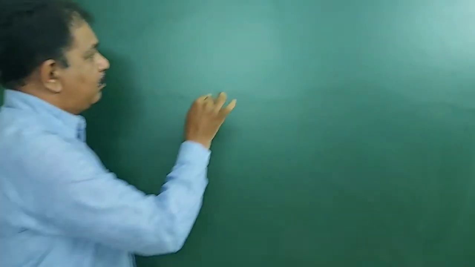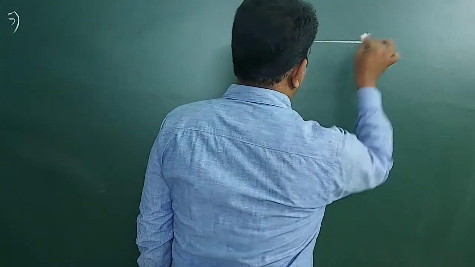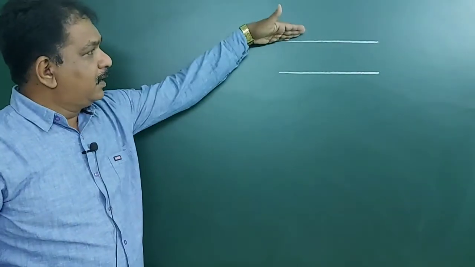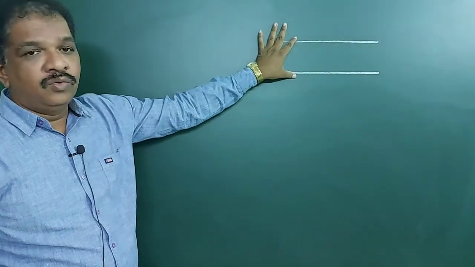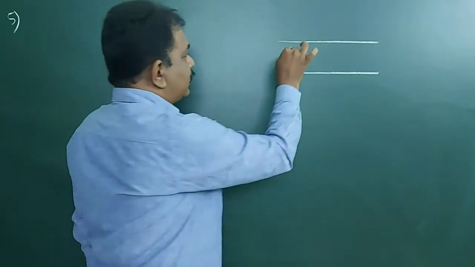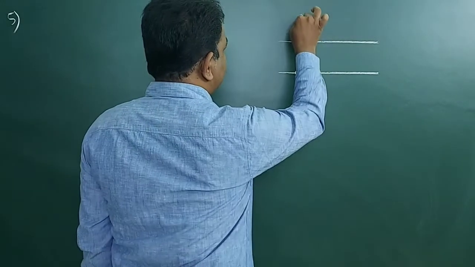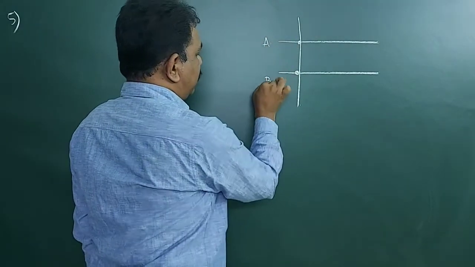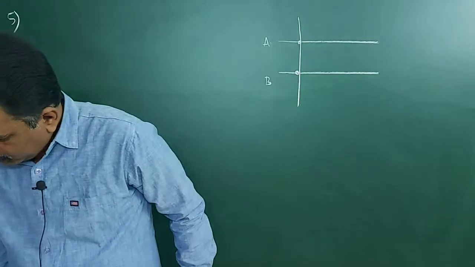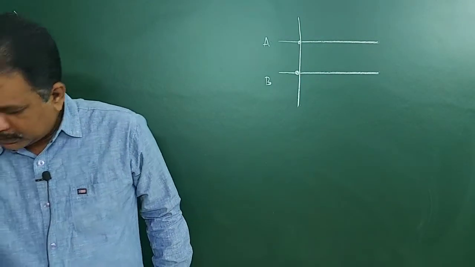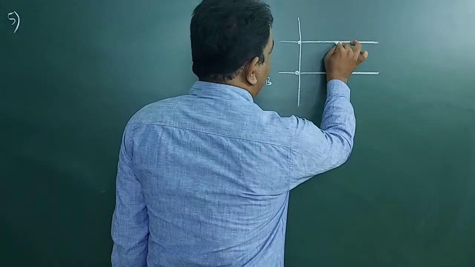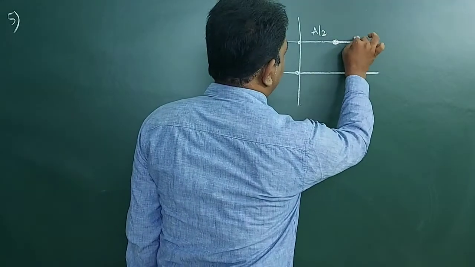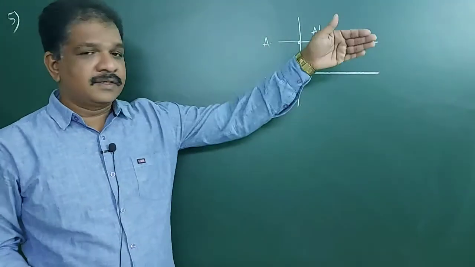So, one particle is moving like this. Another particle is moving in this path. Two particles are moving along two closed paths. For example, this is the mean position of the particles, and these are the two particles, A and B. Now what they are mentioning is, from the mean position, when the first particle is at a displacement of A by 2, it is going like this.